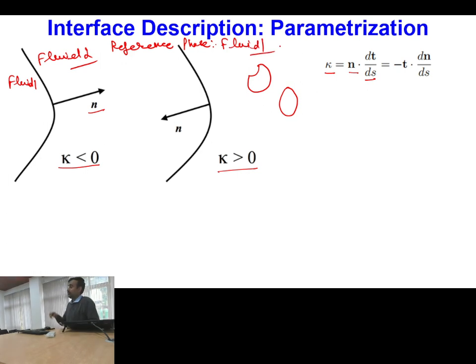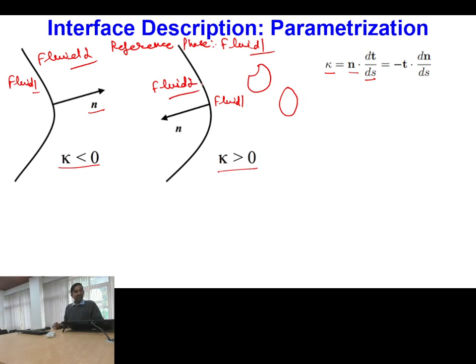So whenever I define the normal, I will always point it away from the reference phase. That is the nomenclature I will be using. So if the normal is pointing away from the reference phase, this is my fluid 1 and this is fluid 2. Is this one clear?